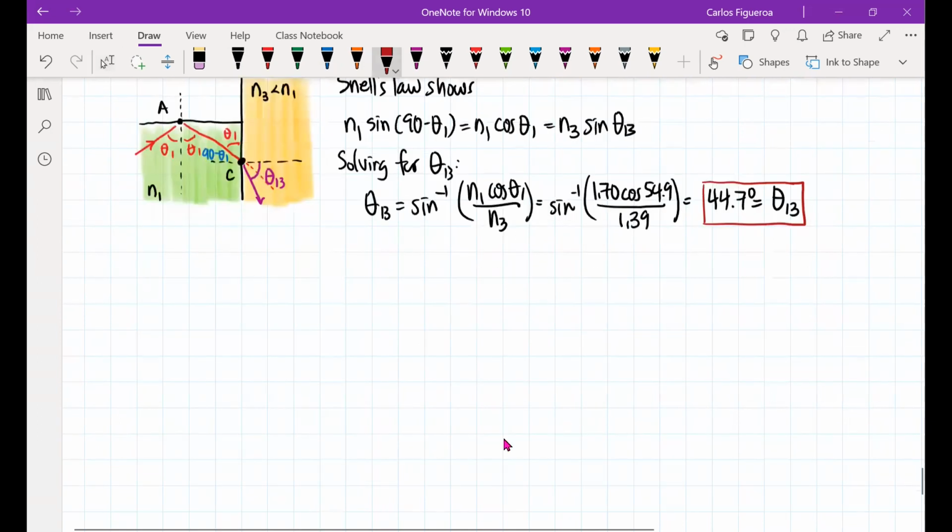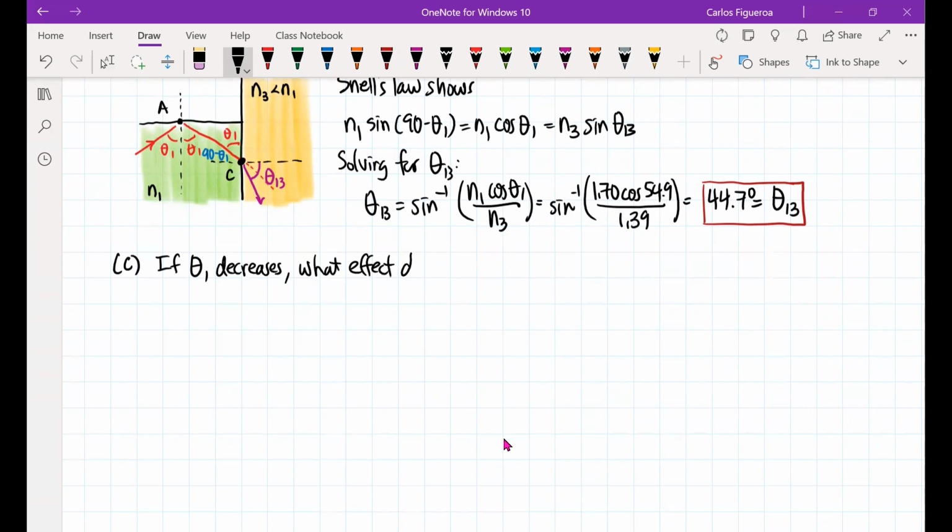Now we're looking at C, and C says this: if theta 1 decreases, what effect does this have for the rays at points B and C?